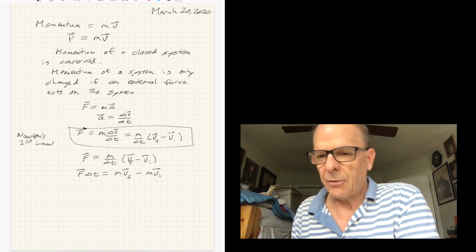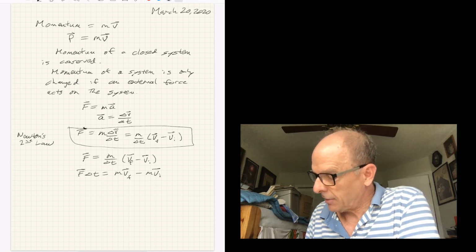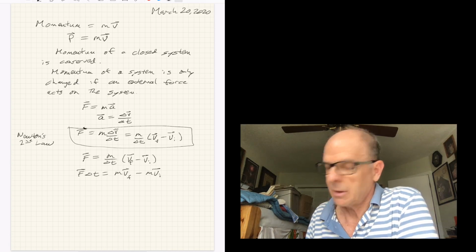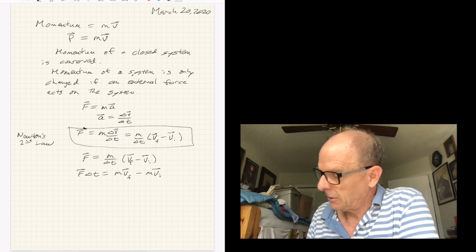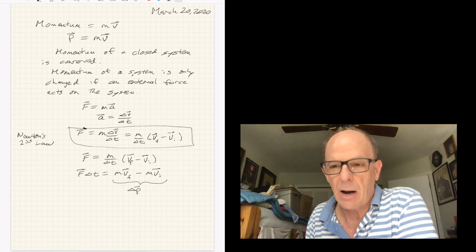Well, m times v is momentum. And here I've got m v_f, that would be the final momentum of that object, and m v_i, that would be the initial momentum of that object. So this quantity here is simply the change in momentum of an object.